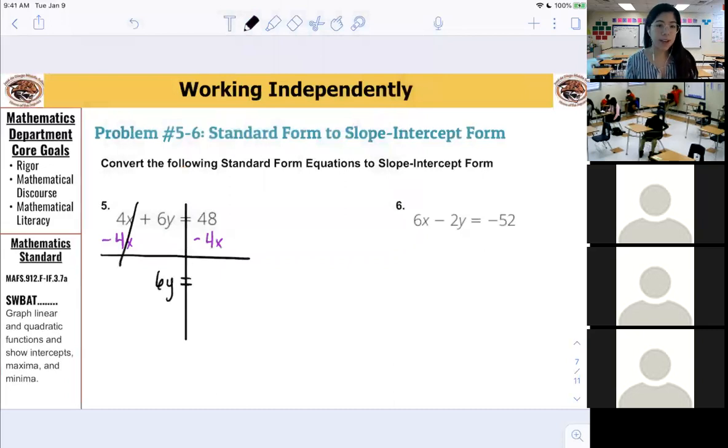Now, when I write this down, what should I be writing on the right-hand side? -4x plus 48. Good. -4x, because that negative symbol comes with it. And then the 48 is positive, so it's plus 48.